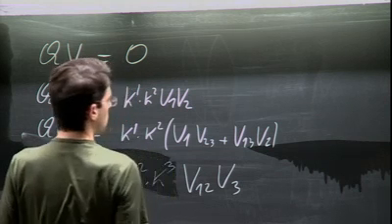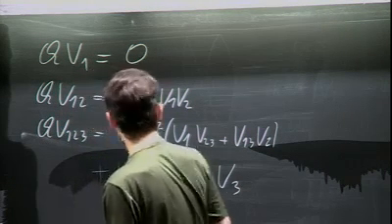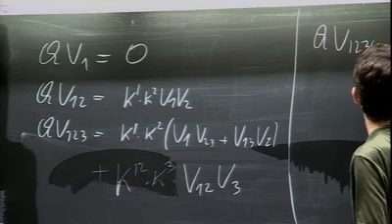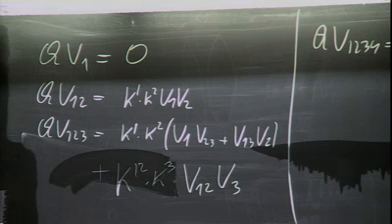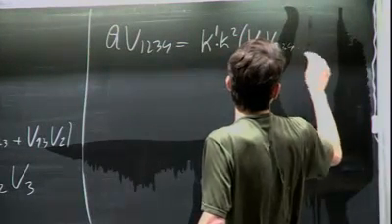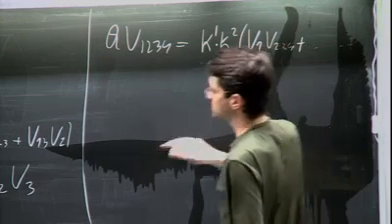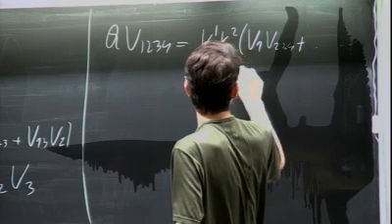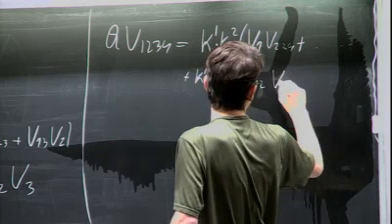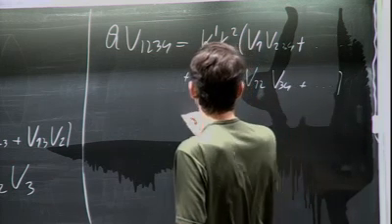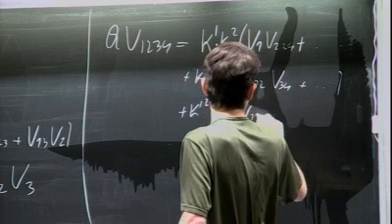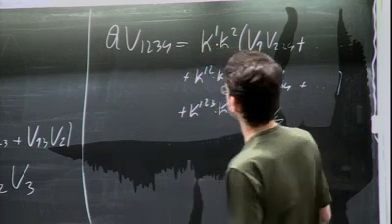And you can go on like this. Say V1,2,3,4 will be V1, V2,3,4, and then plus other terms, and then momentum 1, momentum 3, V1,2, V3,4, plus other terms, and then momentum 1,2,3, momentum 4, V1,2,3, V4, and that's it.